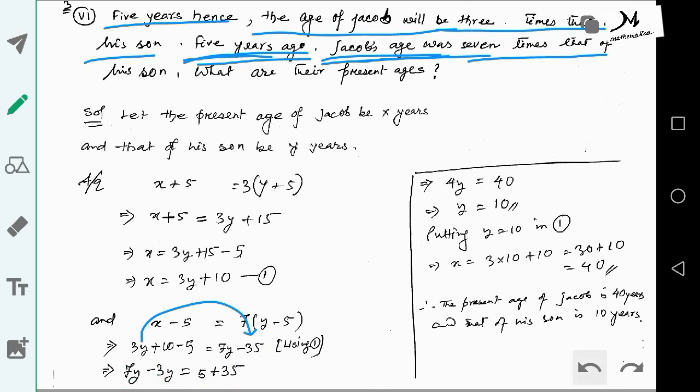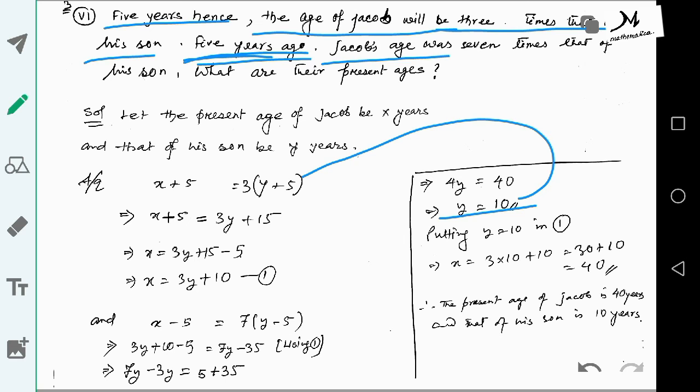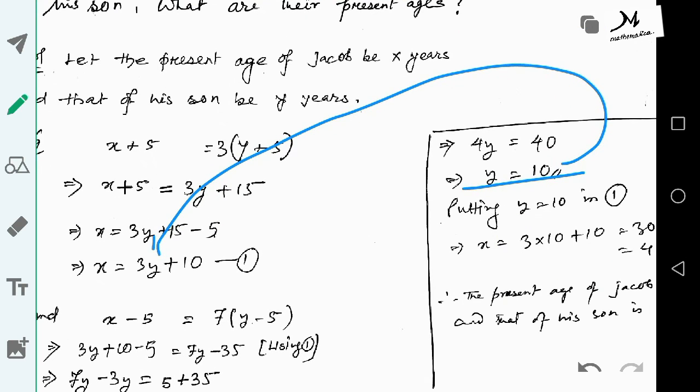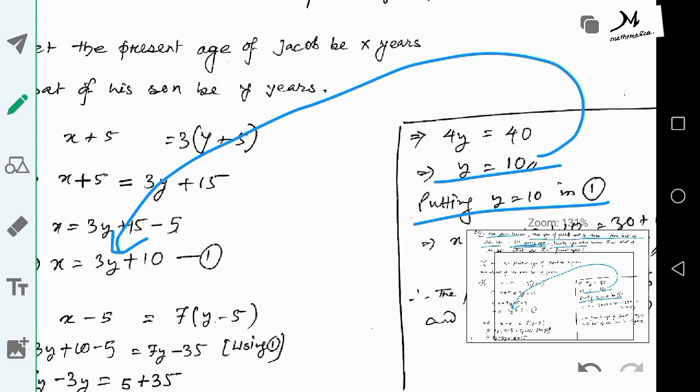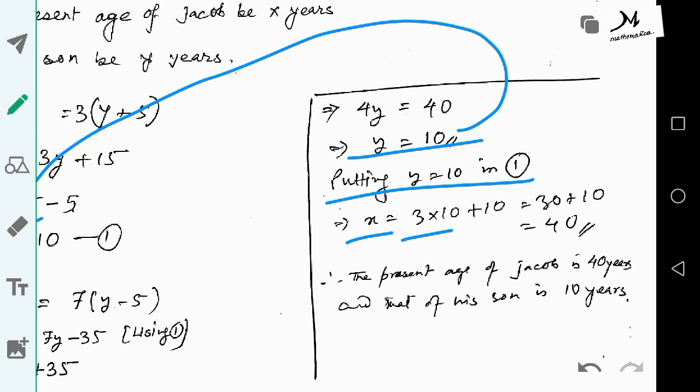So this equation implies 4y is equal to 40, and dividing both sides by 4 we have got y is equal to 10. Now putting this value of y in equation number 1, we have got x is equal to 3 into 10 plus 10.